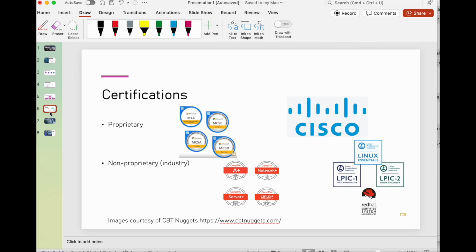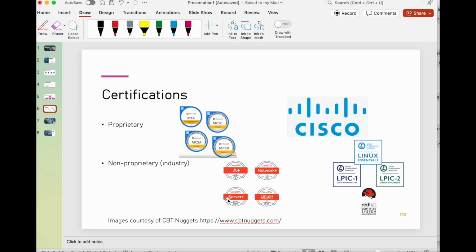It wasn't too long ago that A+ or Network+ only dealt with IPv4, and now IPv6 is basically everywhere, because of things like IoT and wireless, which weren't there 20 years ago or even 10 years ago. So the non-proprietary information that CompTIA produces is going to change over the years.